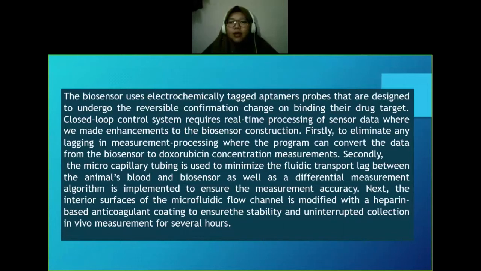Secondly, microcapillary tubing is used to minimize the fluidic transport lag between the animal's blood and the biosensor, and a differential measurement algorithm is implemented to ensure measurement accuracy. Next, the interior surfaces of the microfluidic flow channel are modified with a heparin-based anticoagulant coating to ensure stable and uninterrupted in vivo measurement collection for several hours.